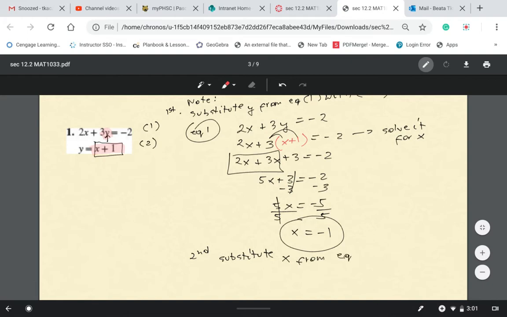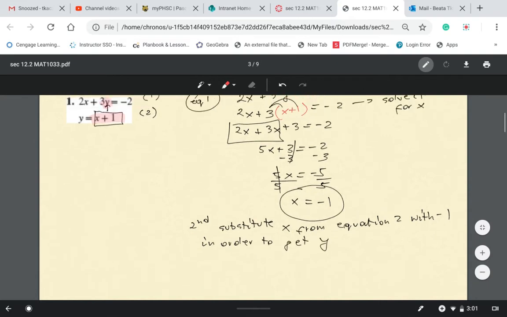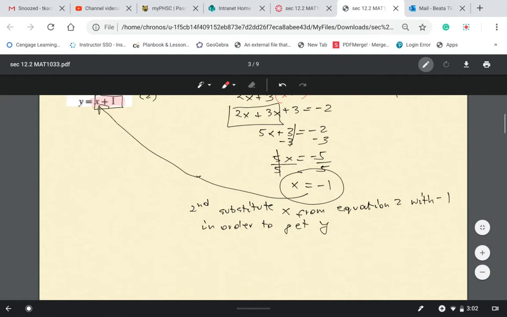Since we're done with equation 1, now we're moving to equation 2 with negative 1 in order to get y. So what we're going to do, we're going to replace x from the second equation with negative 1.